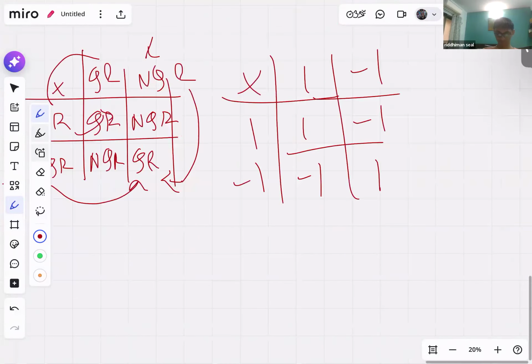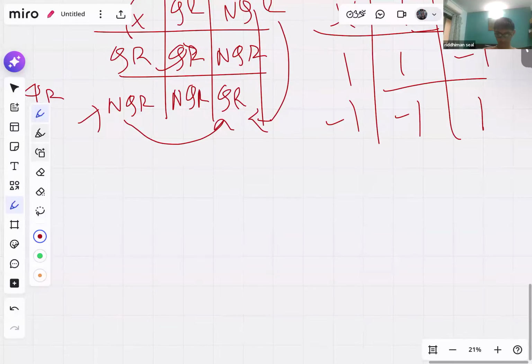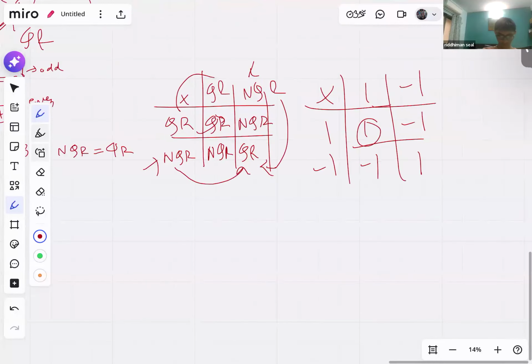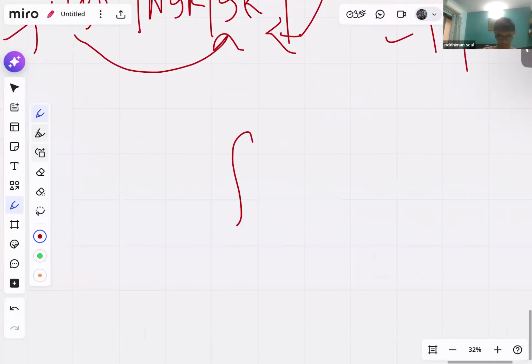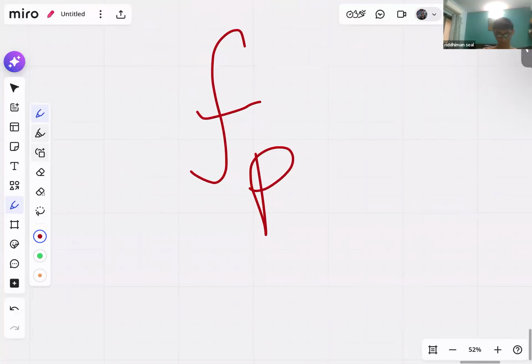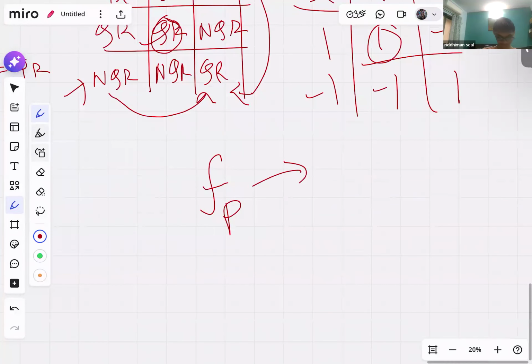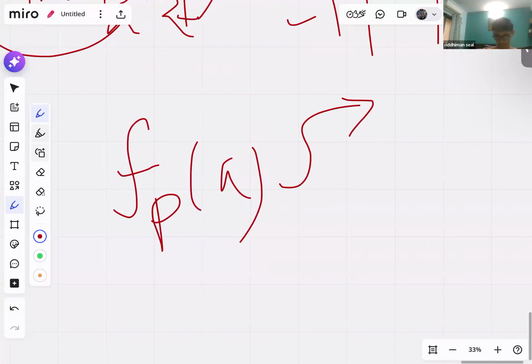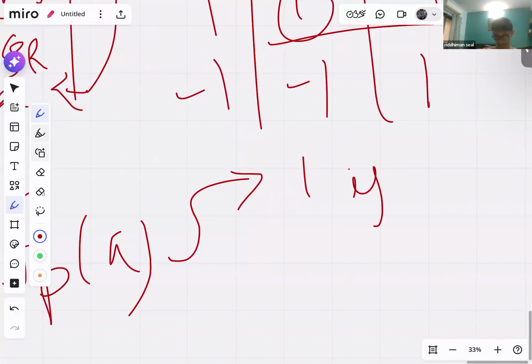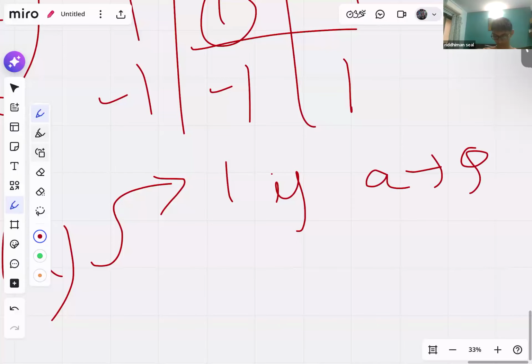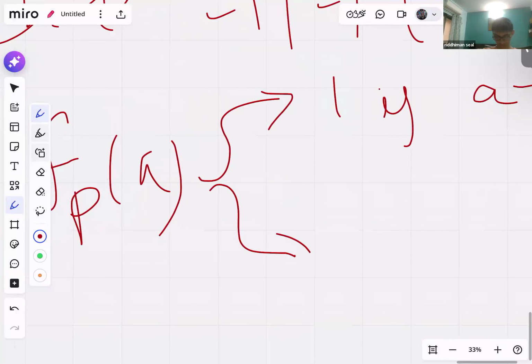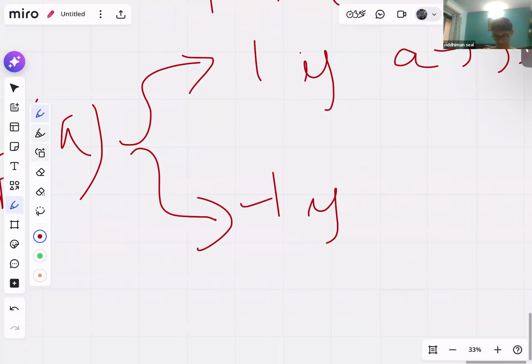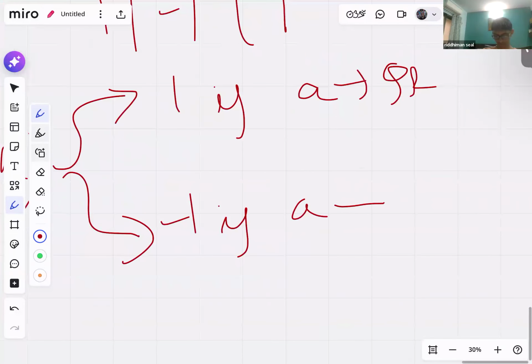Okay, so what we do is we make a function now. So we want to map QRs to one. We have a function f defined on mod P, which sends f_p of A is equal to 1 if A is a QR, and -1 if A is an NQR.